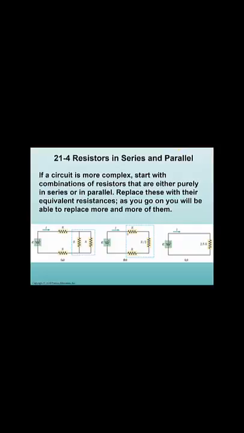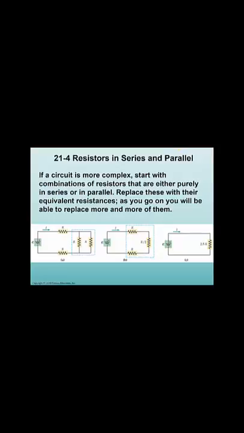So this resistor and this resistor and this resistor are going to have the same current going through them, which I can find using their total resistance and the total battery voltage. They are going to have individual amounts of current going through them, which means they have different voltages across them.